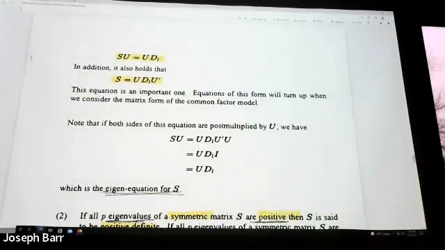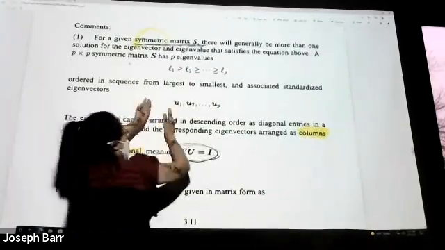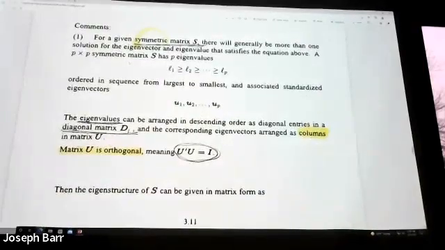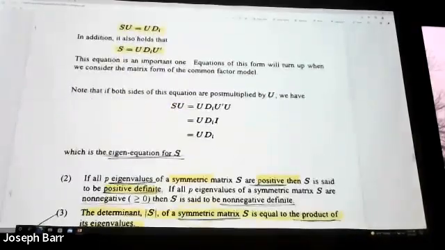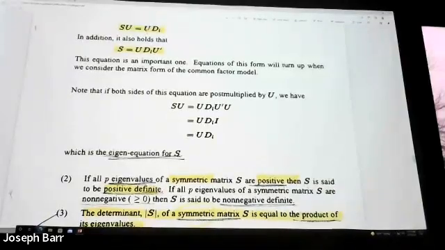So S, the original symmetric matrix, times U, where U is a column of all of these eigenvectors, is just the same U matrix times the diagonal matrix D, including all of these eigenvalues on the diagonal elements. So this equation is true.